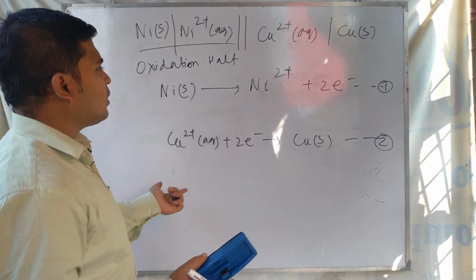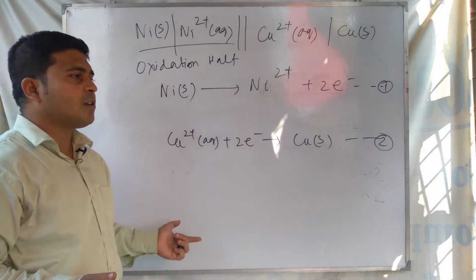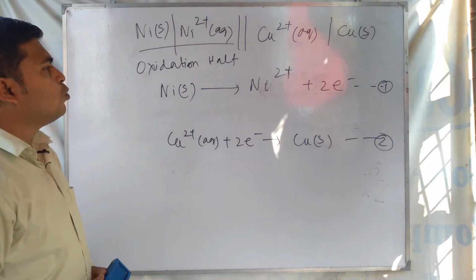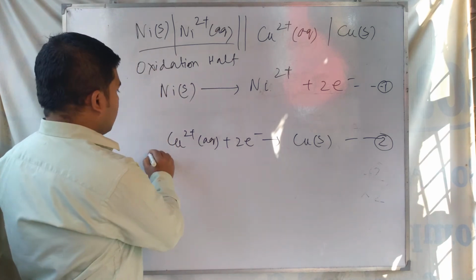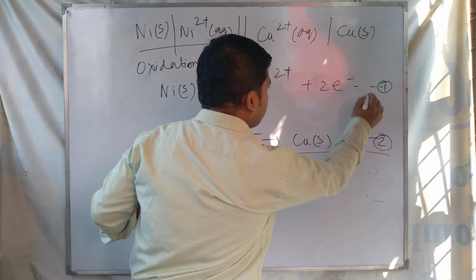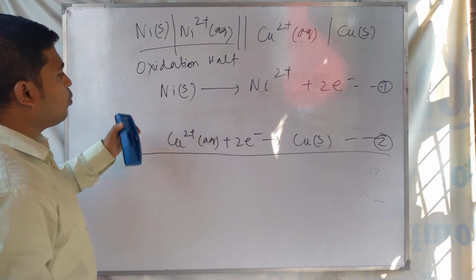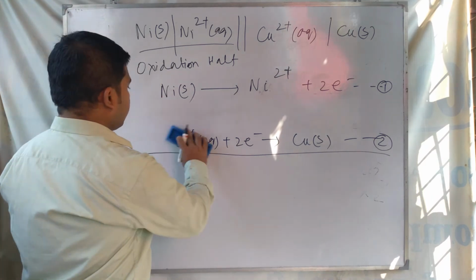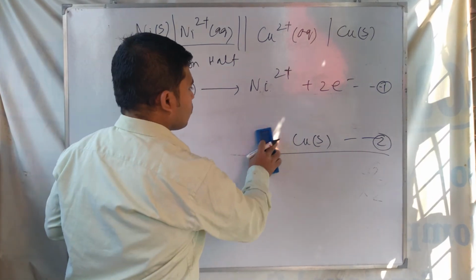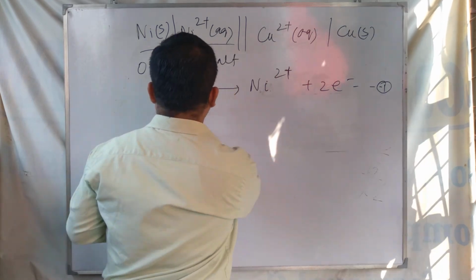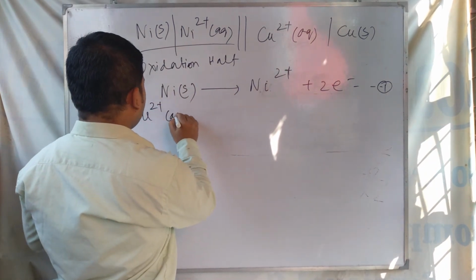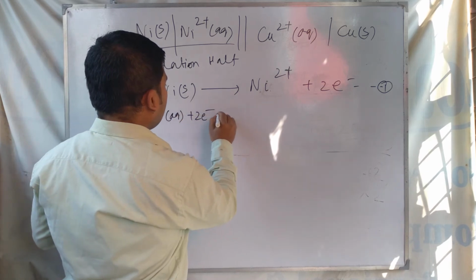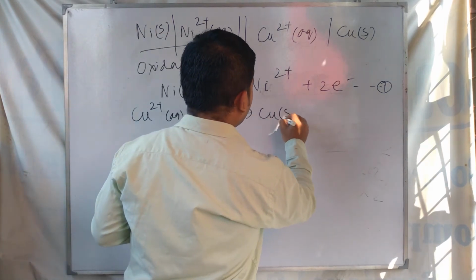The two equations are ready here, and we just have to add the two half cell reactions to find the overall cell reaction. This is equation number 1, and you can write it closely: copper 2 plus aqueous plus 2 electrons to copper solid.